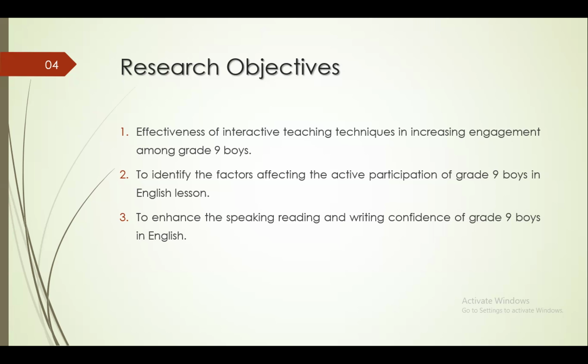So to enhance the writing skills of students through interactive activities. Okay, madam.